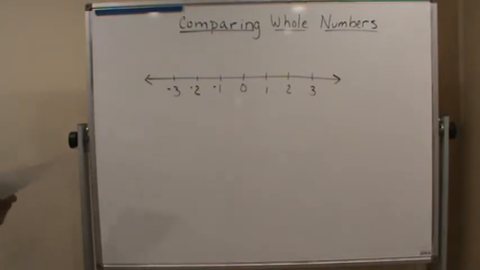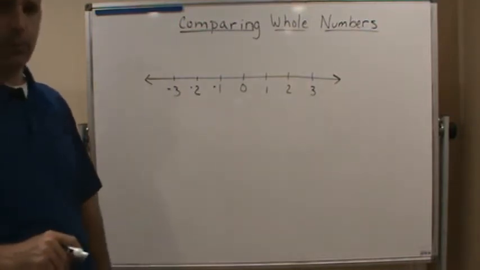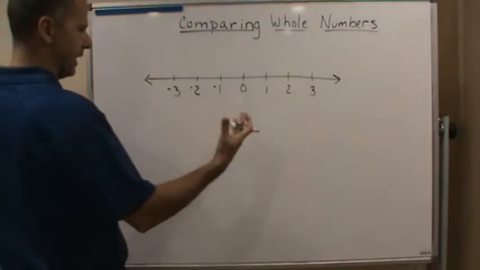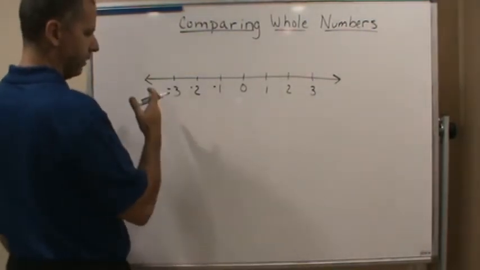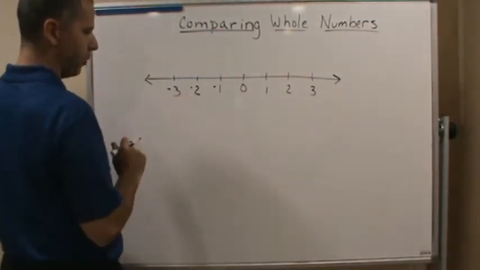Okay, so now, how can we compare numbers? Well, based on what I'm saying, we have the increasing number line from left to right.